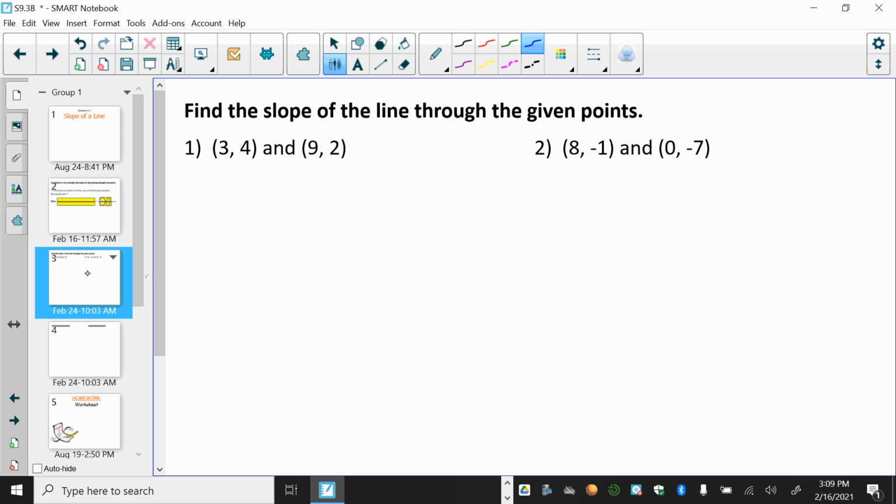Find the slope of the line through the given points. Let's write our formula: y2 minus y1 over x2 minus x1. There's our formula. So let's fill that out. y2 minus y1, we're going to do 2 minus 4, and then 9 minus 3.